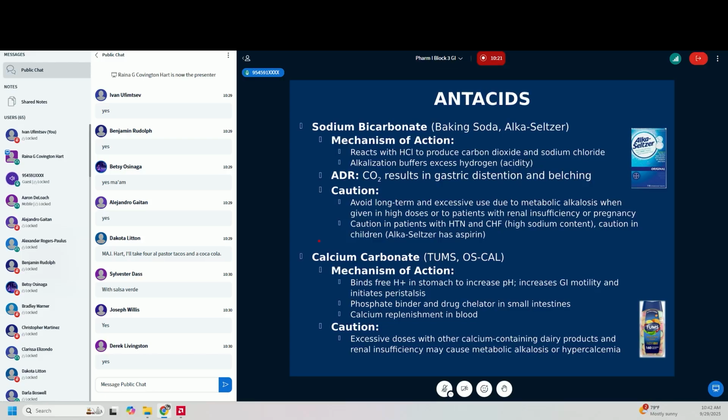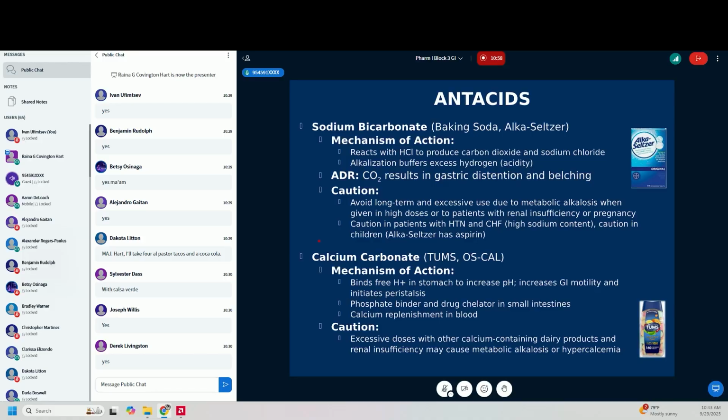So when we're looking at our sodium bicarbonate, which is the same thing as baking soda or Alka-Seltzer, essentially what it's trying to do is react with that acid to produce carbon dioxide and sodium chloride, and therefore you're going to buffer out or decrease the amount of acidity in the stomach, which could potentially be leading to the reflux that they're experiencing. But because of the CO2 produced from that reaction, you'll see a lot of bloating and gas with these patients.